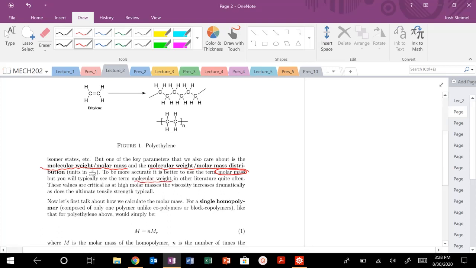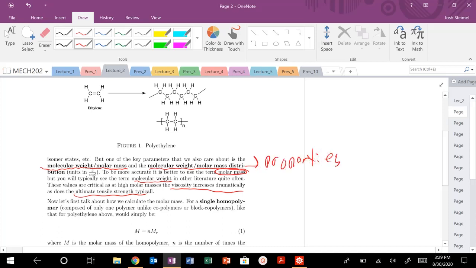The key point is that the molecular weight or molar mass of your polymer will have a big impact on the viscosity of your material, and usually the ultimate tensile strength as well. So the molar mass is really critical to determining properties. That's what we're focused on.